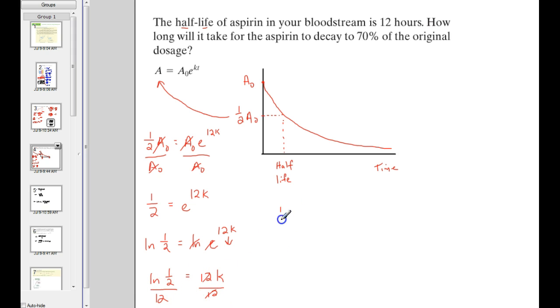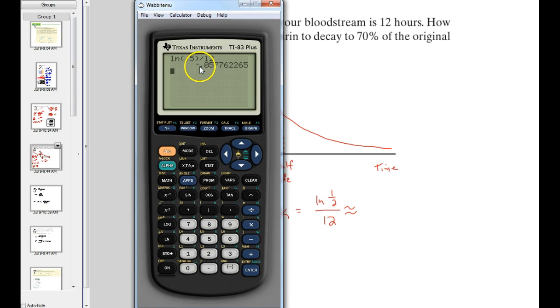So we end up with k equals the natural log of 1/2 divided by 12, which is approximately negative 0.0578. Remember it's decreasing, so k should have been negative, so it's fine that we get a negative there.